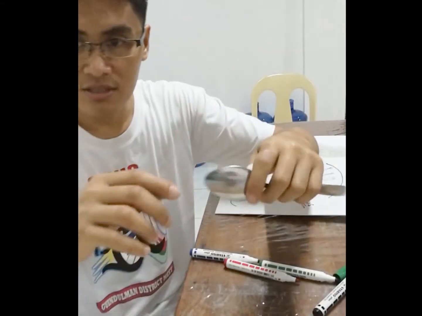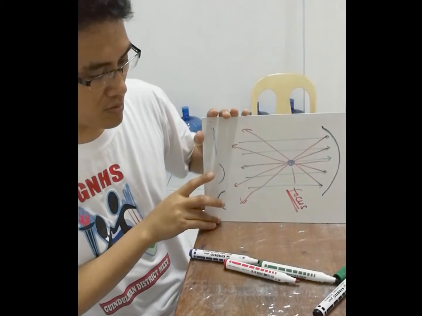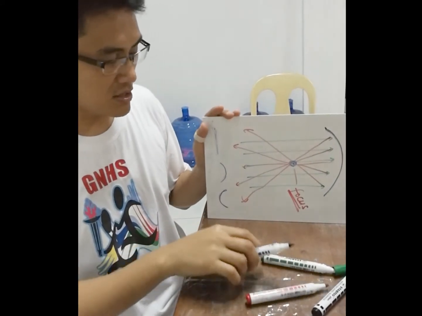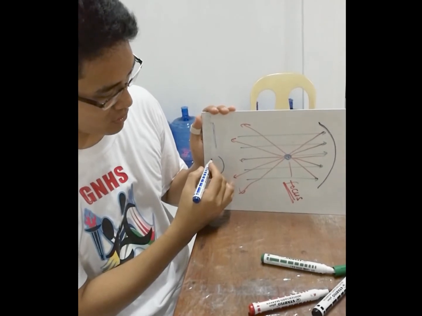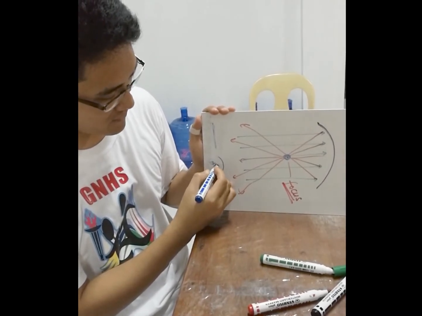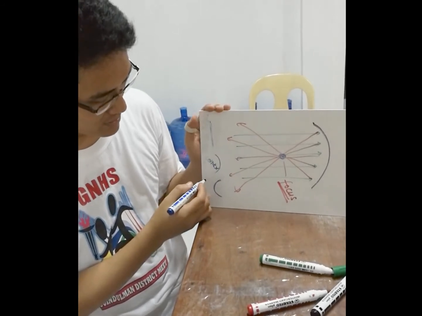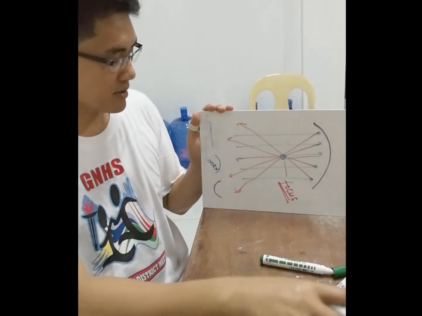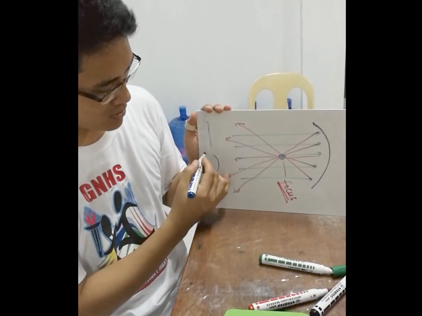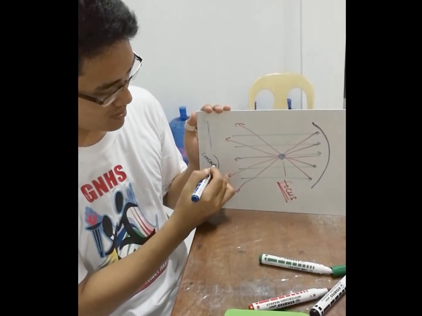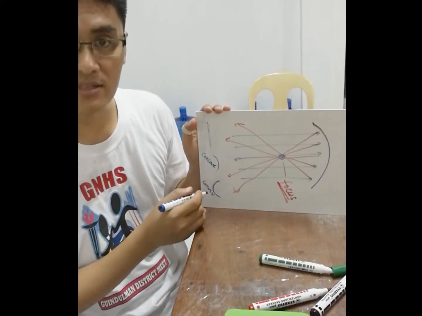So those two shapes form the curved mirrors, and usually this type we call a convex mirror. And this one, oh sorry, I switched the two. We call this a concave mirror, and this one is a convex mirror.